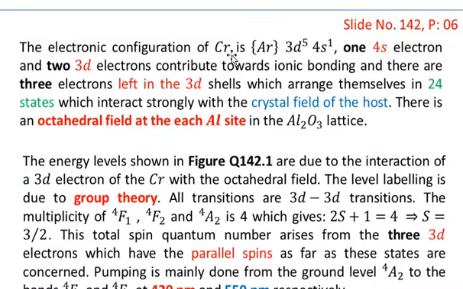The electronic configuration of chromium, in terms of the electronic configuration of argon, is argon along with 3d5 and 4s1.